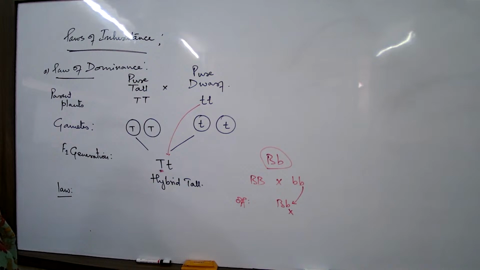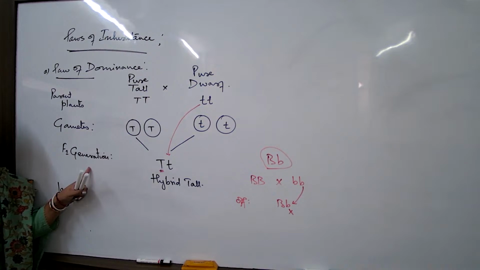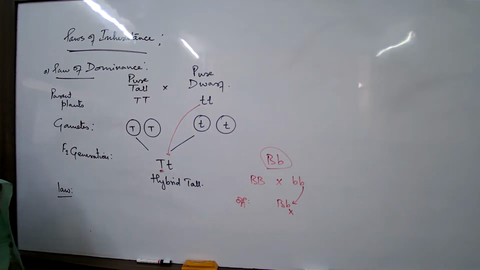We are talking about the P. Pass on from the parental plants to the F1 generation plants, but are not expressed.